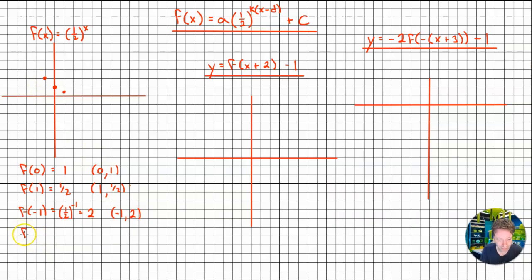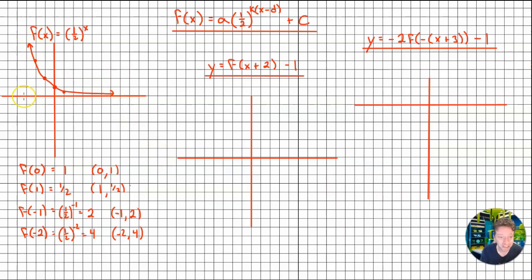Okay, let's do one more. What about -2? Well, that is going to equal 1/2 to the power of -2, which is going to be 4. So our next point is -2 and 4, which is going to be here. So this function, and I'm terrible at drawing curves, but I'll do my best here, looks something like this.